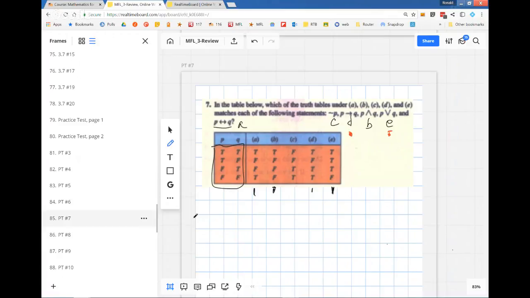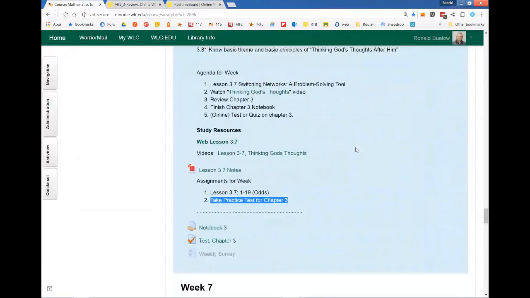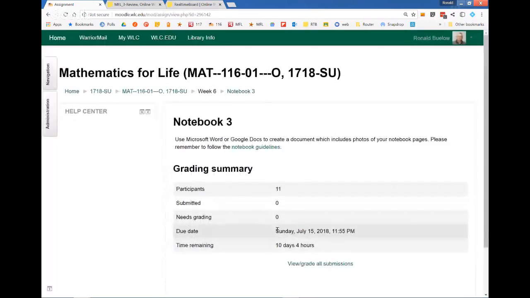And what again is the deadline for that? Yeah, Rachel, here we changed it. If you go back to the schedule for this week, at the end of it I still have notebook 3. You can hand it in as of this weekend already, but it's not due until next weekend.